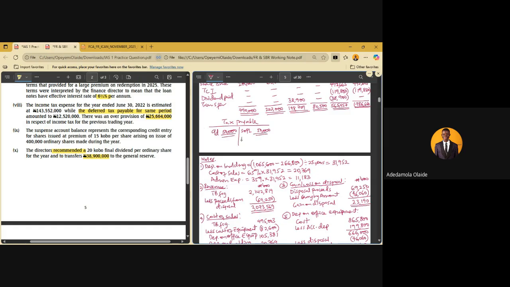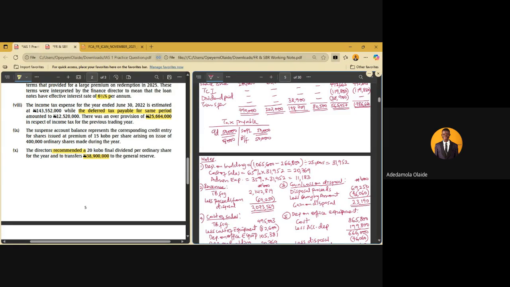At the beginning of the next year, they began with the 50,000 balance. But when they wanted to pay, they ended up paying just 47,000. So when they pay, they credit bank and debit the tax payable account, 47,000. Meaning we still have a 3,000 balance left in the account. Are we getting it? That's the over provision.